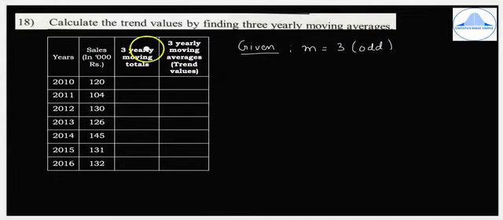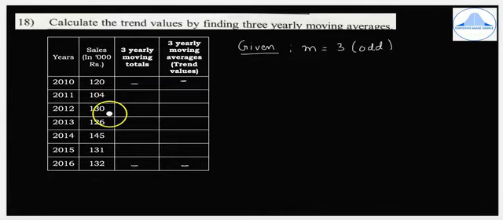Now, first let us find out the 3 yearly moving totals. Now, you will see that whenever we calculate the 3 yearly moving totals, the first and the last trend values will be missing. So how do we calculate the first 3 yearly moving total? Add 120, 104 and 130.